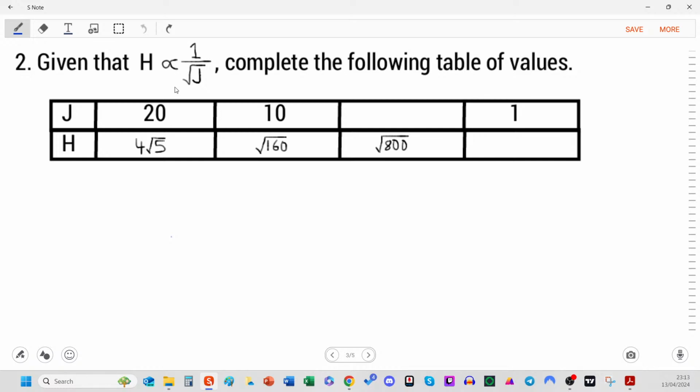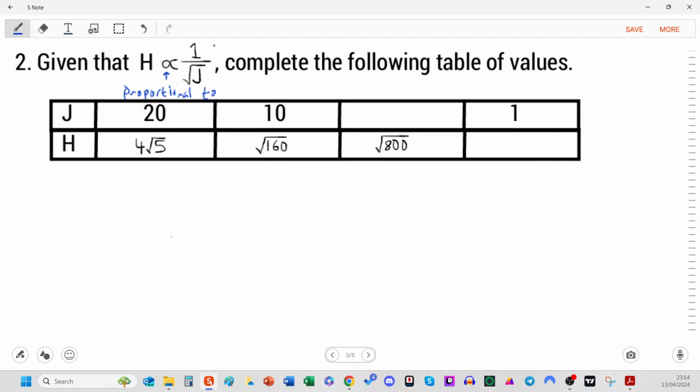It means that there is some value, like a scale factor, that will convert the left-hand side into the right-hand side.